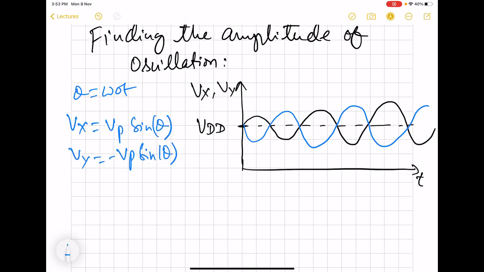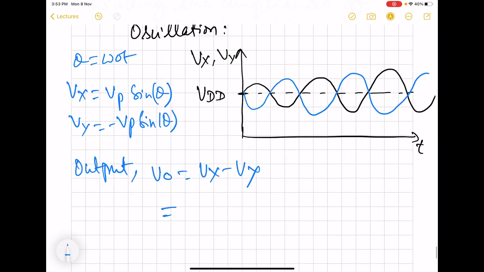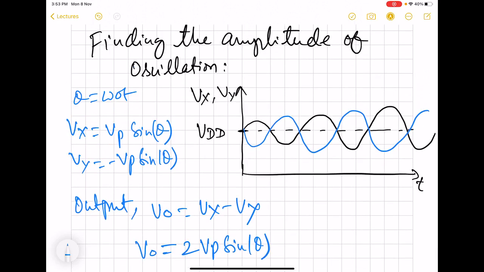And the output Vo is going to be Vx minus Vy. So this is going to be 2 Vp sine theta. So here we see that the amplitude is growing gradually, and this phenomenon will continue till this amplitude becomes equal to VDD.